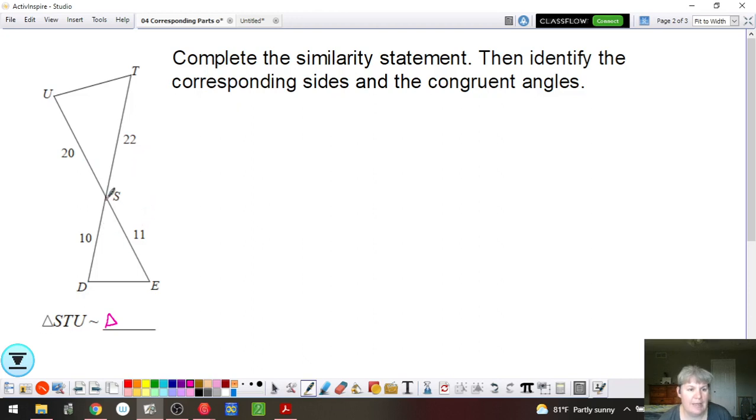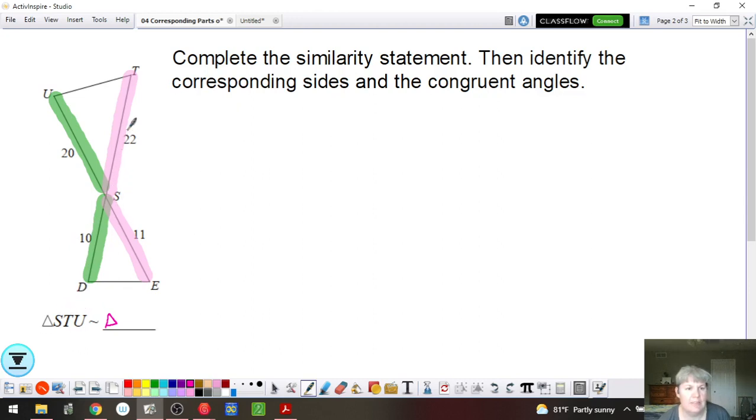So that tells me that SD is going to correspond to SU, and SE is going to correspond to ST. So let me color those in here quickly. So SD is going to correspond to SU, and SE is going to correspond to ST. So when I write my similarity statement, remember these letters need to go in corresponding order.